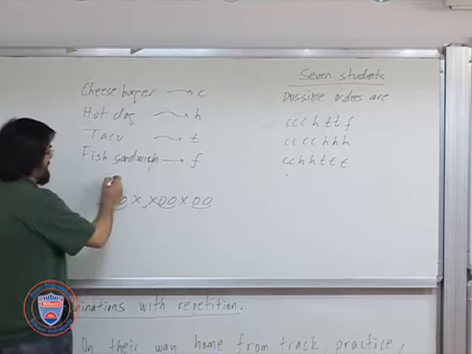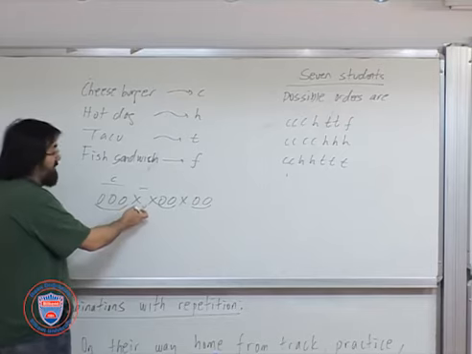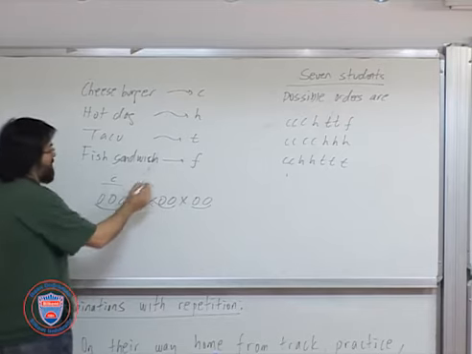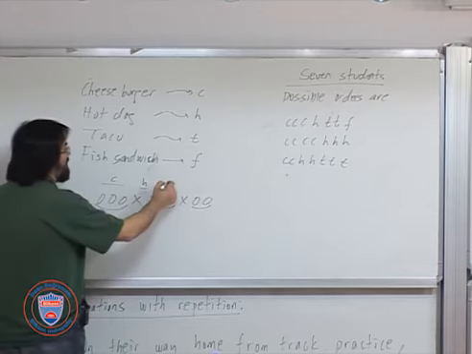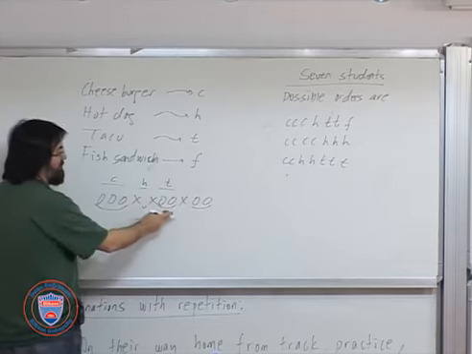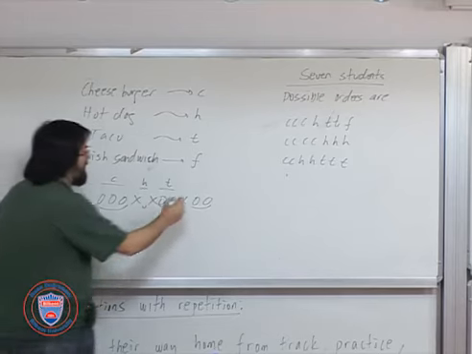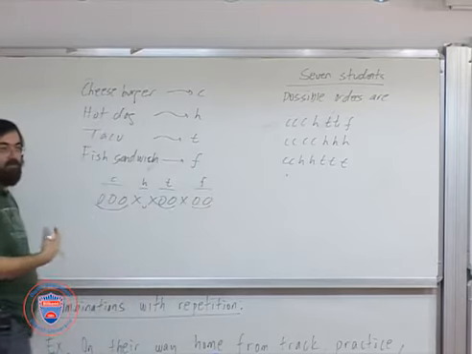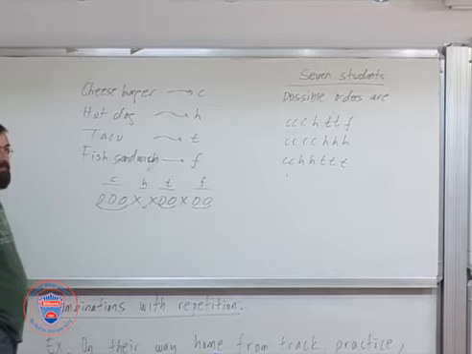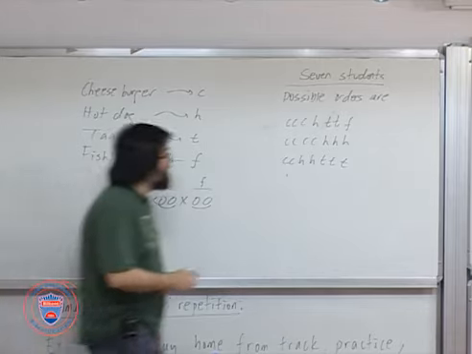And then he puts either 0 or nothing to mean the number of hot dogs. And here he puts zeros for the number of tacos. And at the end he puts zeros for the number of fish. This is a good way of recording it.